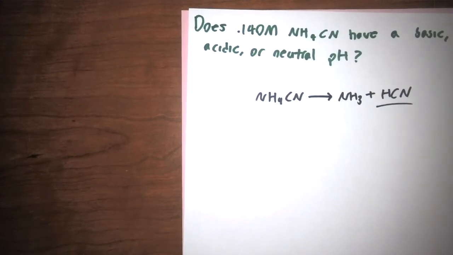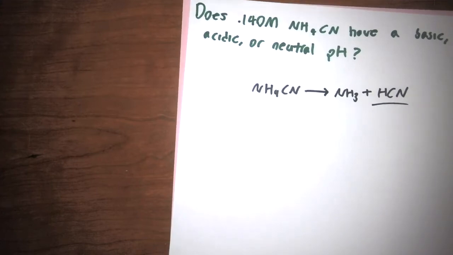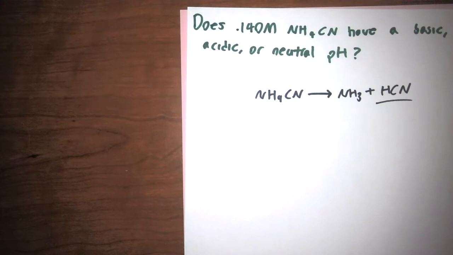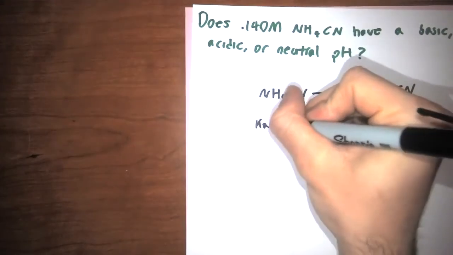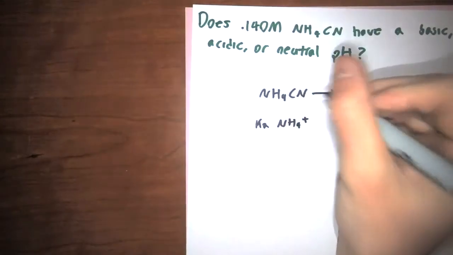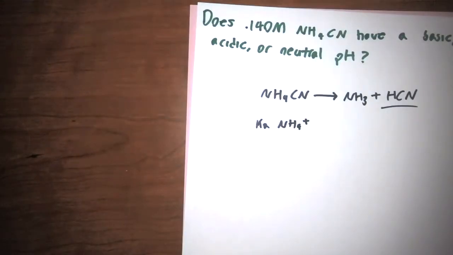You can look at the pKa, or you can look at the Ka. We're not going to solve for that because technically it's supposed to be given to you on the test. We don't expect you to memorize Kas. But again, HCN is a weak acid. So if the Ka of NH4 plus, again, these would be given to you on the test.